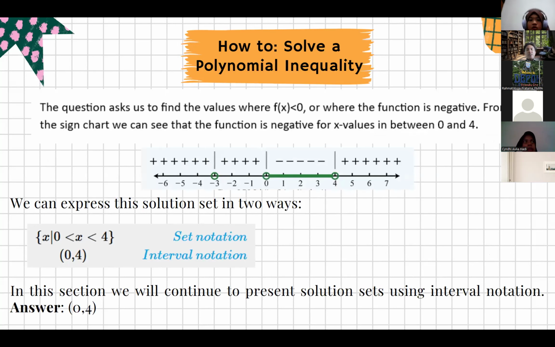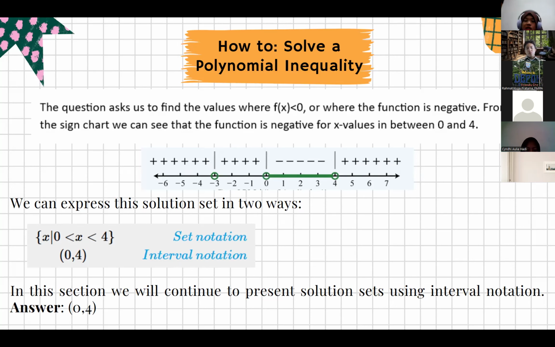Okay. So the question asks us to find the values where the function f(x) is less than 0, or where the function is negative. From the sign chart, we can see that the function is negative for x values between 0 and 4. You can see the values of x on the line highlighted in green. We can express the solution set in two ways: set-builder notation and interval notation.